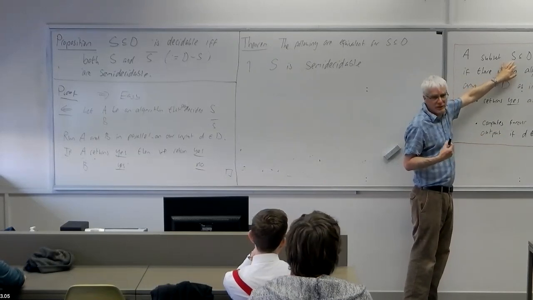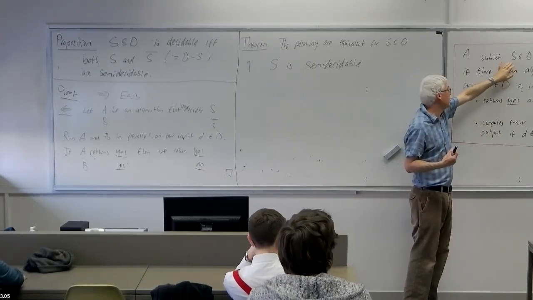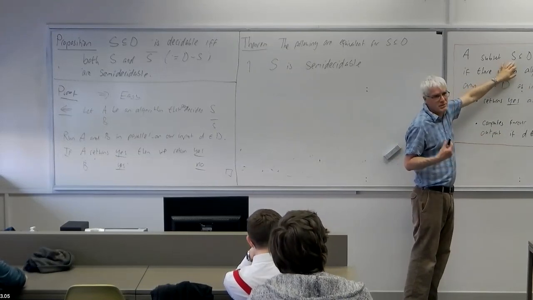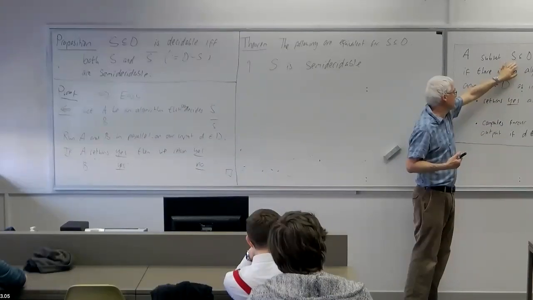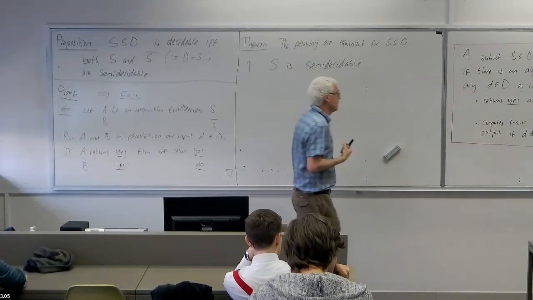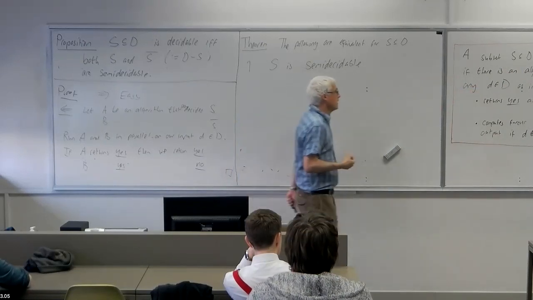We get both positive and negative information, depending on whether little d belongs to S or not. In the case of semi-decidability, we only get half the information. We only get the positive information. But still, we're testing whether an element belongs to the set S.